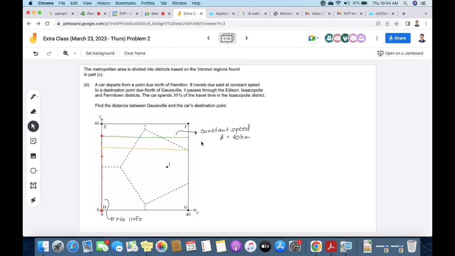All right. So if you try to read further, what we are supposed to find here is actually the distance between G and the car's destination point. In other words, this is what we are actually trying to find out. So how long is this? And it refers to the vertical distance, the distance that the car traveled due north from H before he went due east.